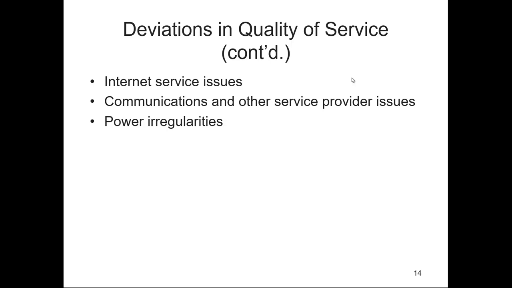And then we have the power irregularities. The threat of irregularities from power utilities is common and can lead to fluctuations such as power excesses, power shortages, and power losses. In the United States, buildings are fed 120 volt, 60 cycle power, usually through 15 and 20 amp circuits.